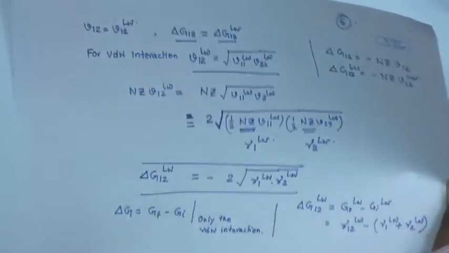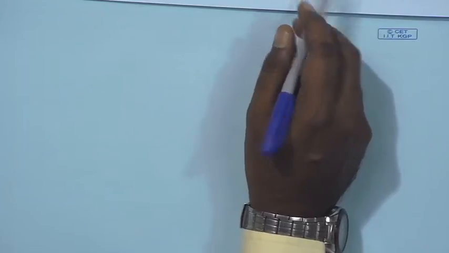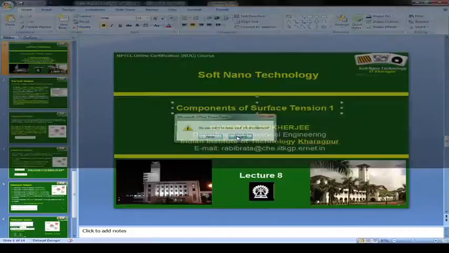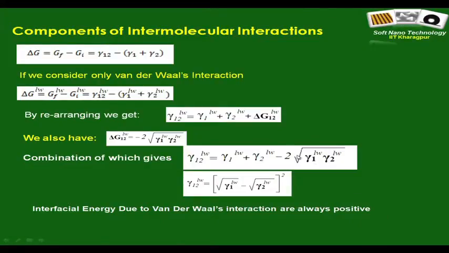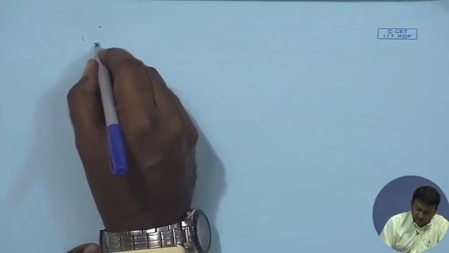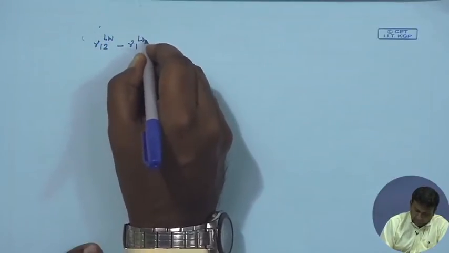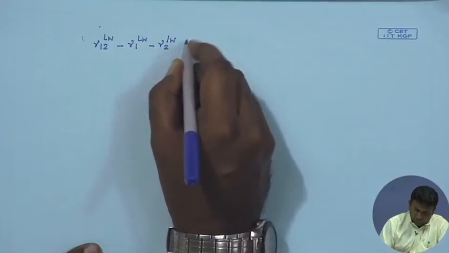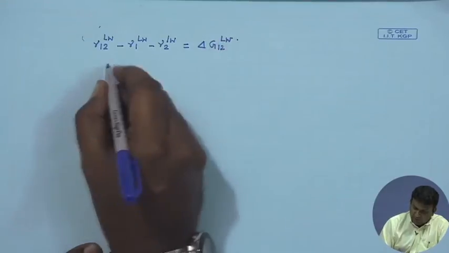So, by rearranging, what we can get, we also plug in, let us say, from here the expression that we have already got about gamma 1 LW, we combine this with the expression of G1 2 LW, which we already have, we get, I will just write it again for all your understanding.